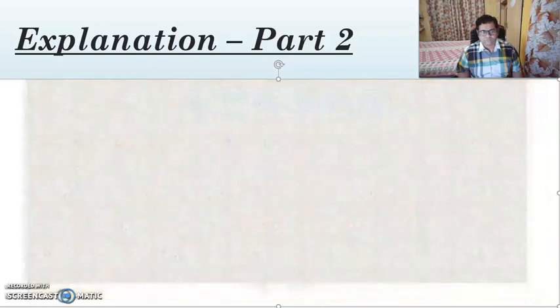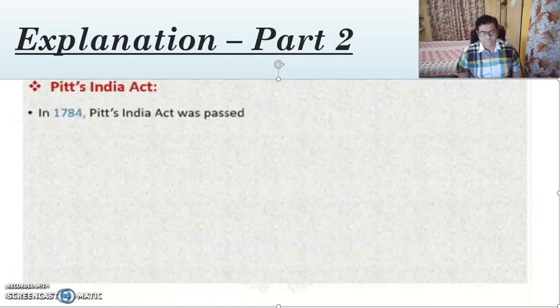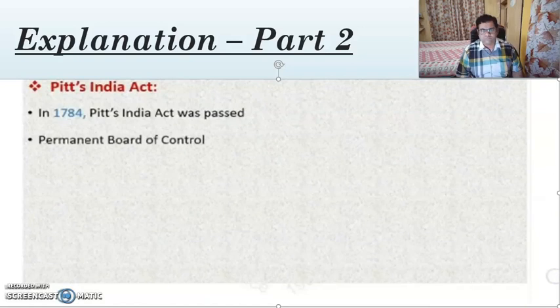Next is the India Act under Parliamentary law. It was passed in 1784. The Act provided for appointment of a permanent board of control. So why was this permanent board of control established? Yes, it was established for better management and regulation of affairs or work of the East India Company in India.